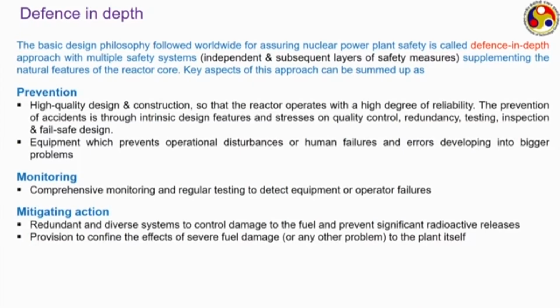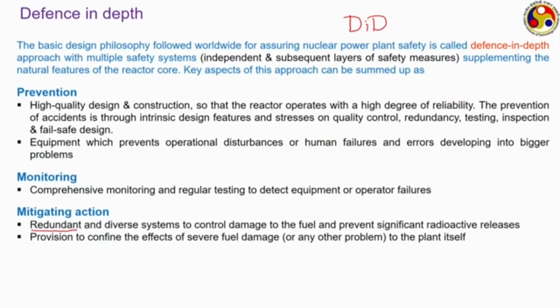And the third aspect of defense in depth, which is quite commonly referred to as DID, refers to redundant and diverse systems to control damage to the fuel and prevent subsequent radioactive releases.